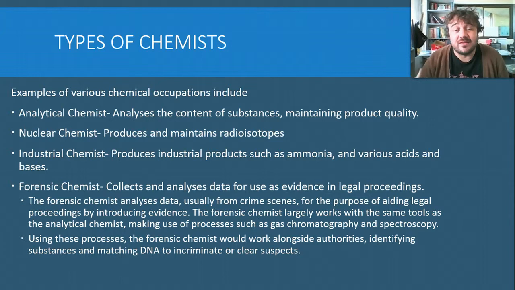Aside from working with other scientists, they're also going to work with the police and prosecution and a few other different groups of people. And they do this to identify substances and match DNA, usually to put a person within a crime scene, as opposed to the DNA really saying this person did it. It's more a case of this person was here, and that then adds into the extra evidence.